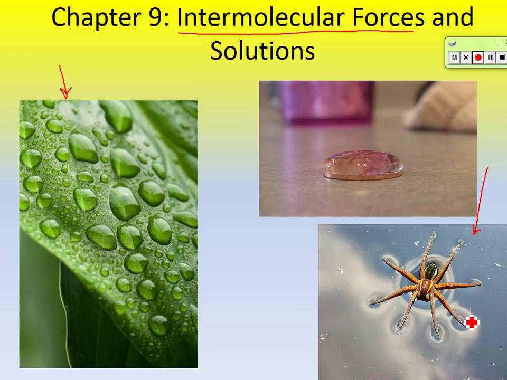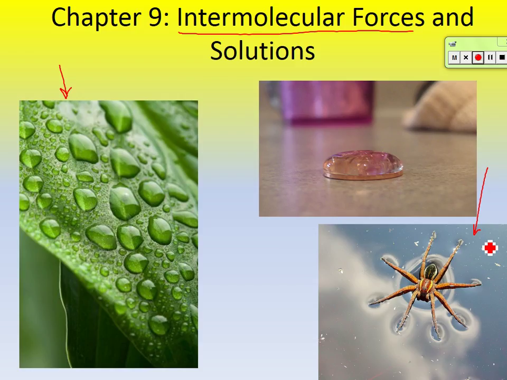Their weight isn't strong enough to overcome the attractive force between water molecules here, so it's able to stay on top. Now, of course, we couldn't do that because our weight is more than a spider, and so we'd fall through. But small insects can walk on water, and that's again because water is attracted to itself. It's called surface tension. Does that make sense?